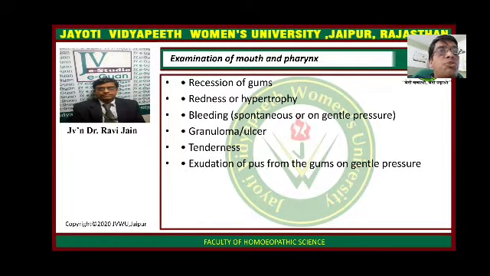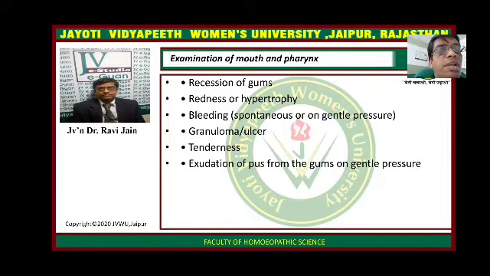You also have to check for any kind of recession of the gums, redness or hypertrophy. You have to check for bleeding, that is spontaneous or on gentle pressure, granuloma, that is ulcers, and tenderness.